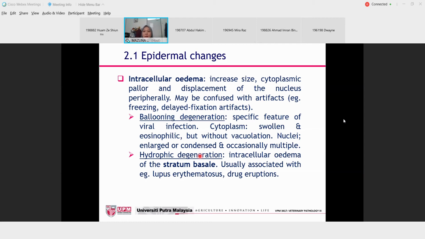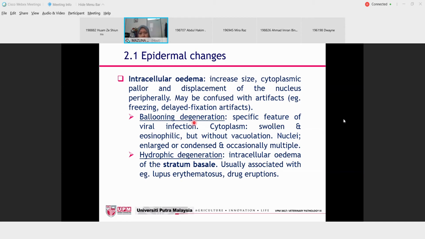This can be confusing because artifacts can also induce the same type of change, especially in cases where the tissue was subjected to freezing or there is a delayed fixation of the tissue. Okay, with intracellular edema, you might see ballooning degeneration.